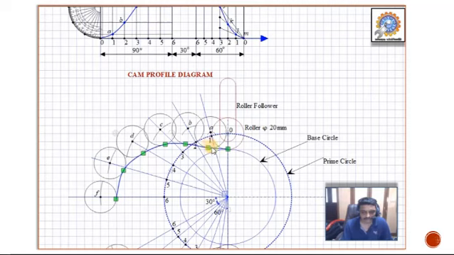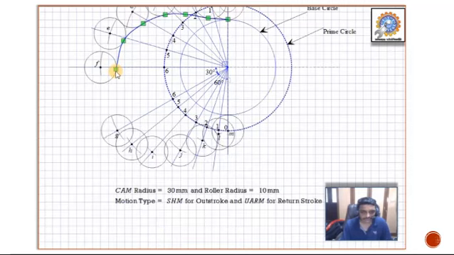For the rollers, we need to have almost a tangent-like connection, starting from the first roller to the F roller. We have started connecting. Then comes a dwell period. So you are supposed to have a joining curve from the F tangent to the G tangent. Okay, they got connected.